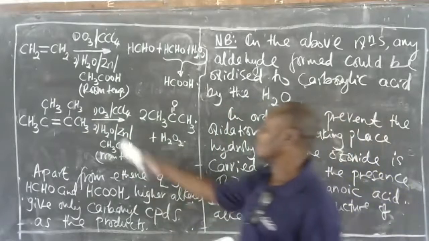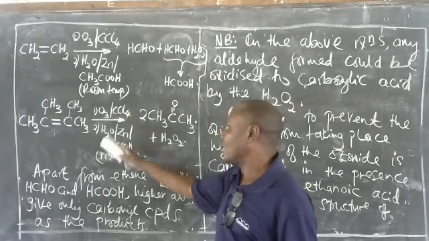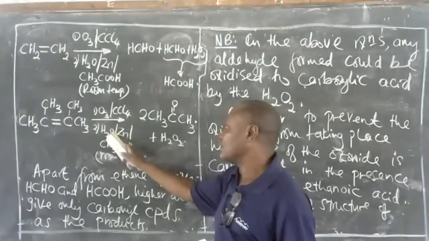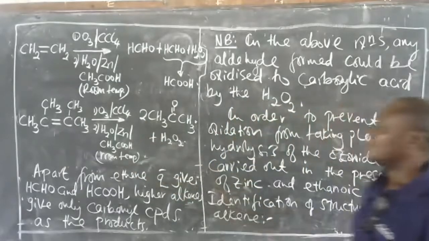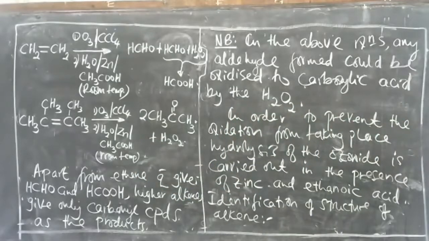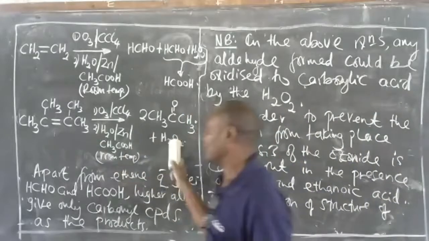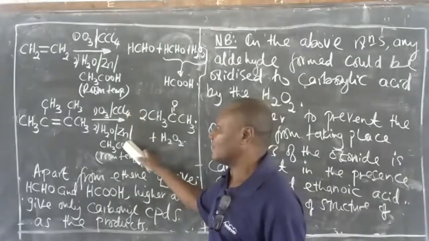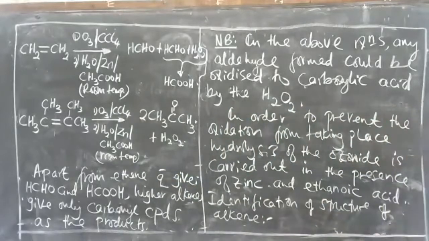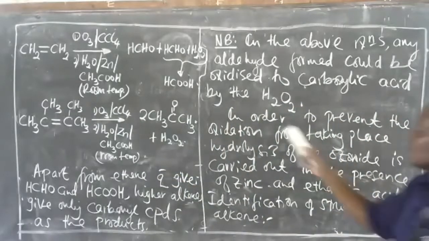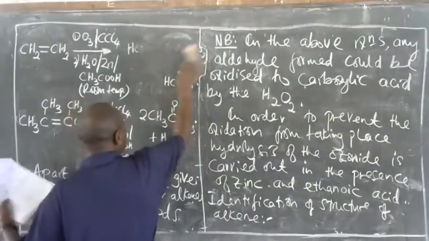That means you have to explain why you are adding an oxidizing agent, why you're adding zinc and then ethanoic acid to get all your marks. So basically, if the question said complete the following, then you can just give that one. If they say explain, we should now change our discussion, and discuss how these reactions take place.